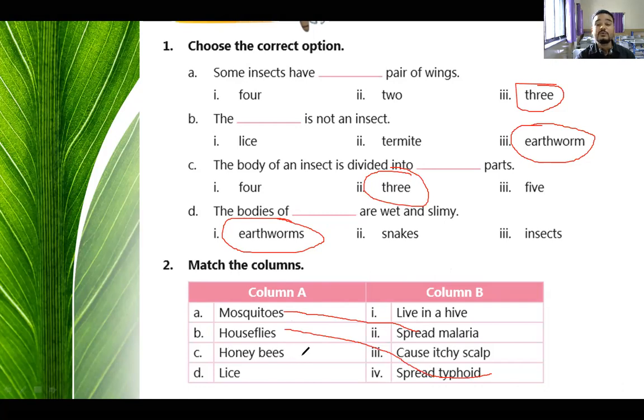Honeybees live in honey hives, and lice attach to our scalp and can cause itching and skin damage. Got it? Very nice. Now we'll go to the next slide.